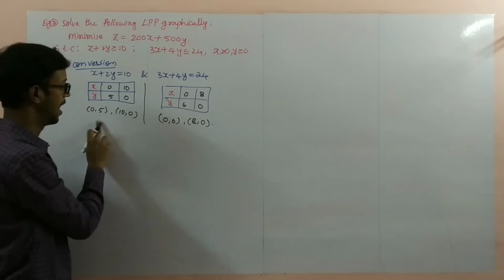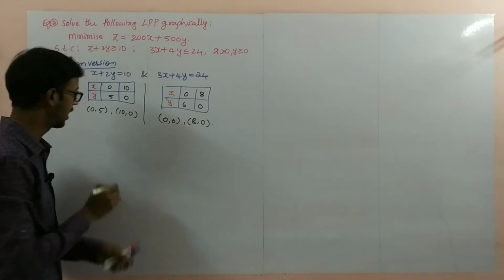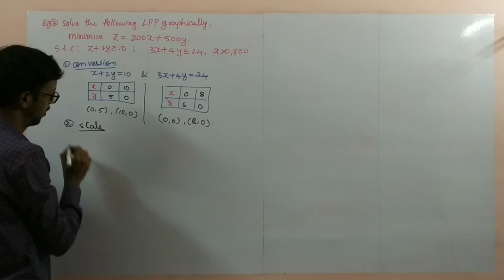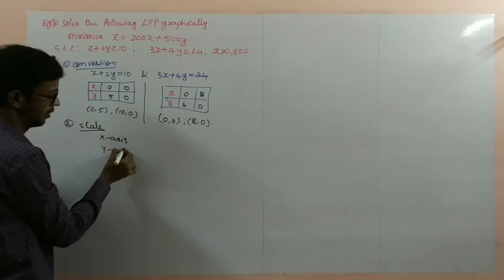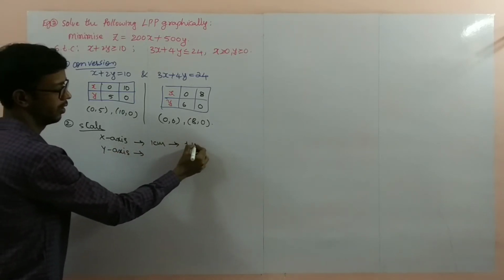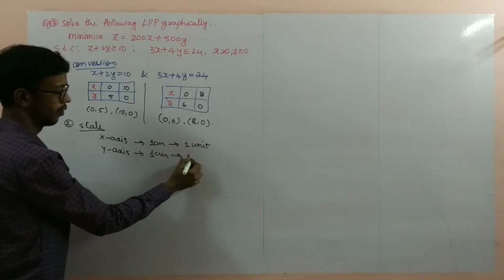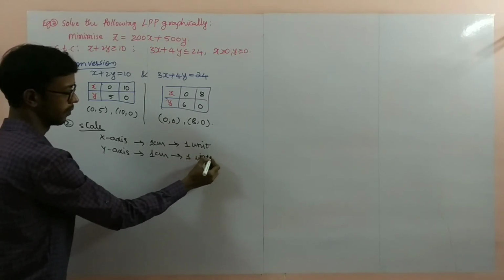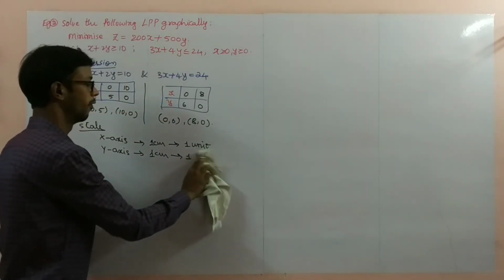Among all the numbers you observe here, the highest number is 10. So I'll take the scale here. Scale: x-axis and y-axis, 1 centimeter equals 1 unit.